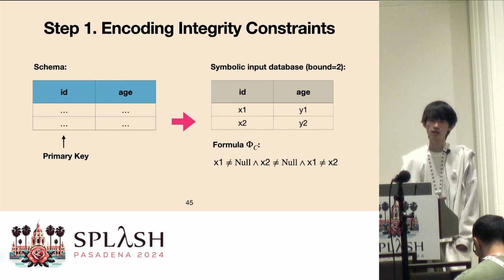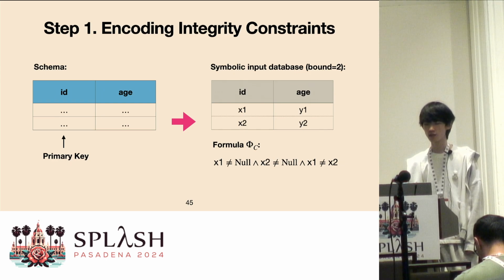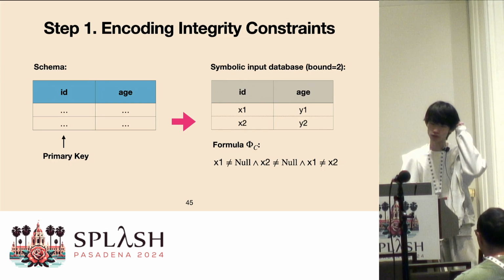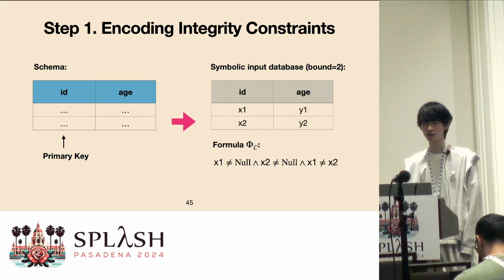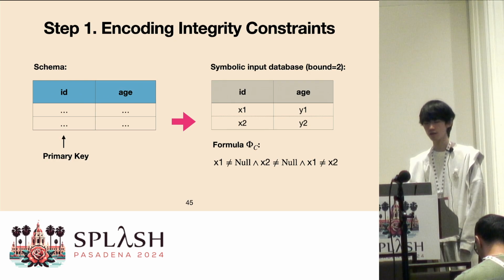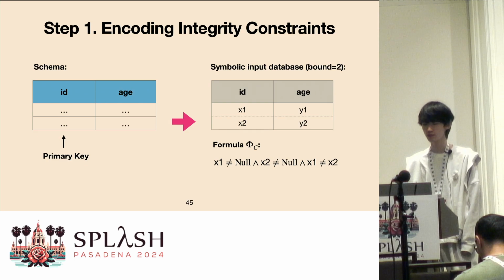And the integrity constraint is encoded as a formula phi c, which restricts that the values of the ID column cannot be null and are distinct from each other. This encoding makes sure that VeriEQL will consider and reason about all valid database instances that conform to the given integrity constraint.